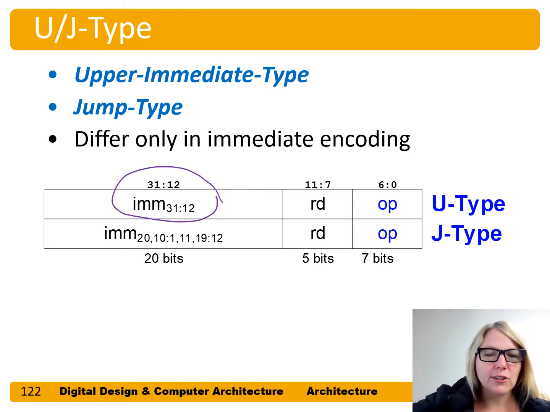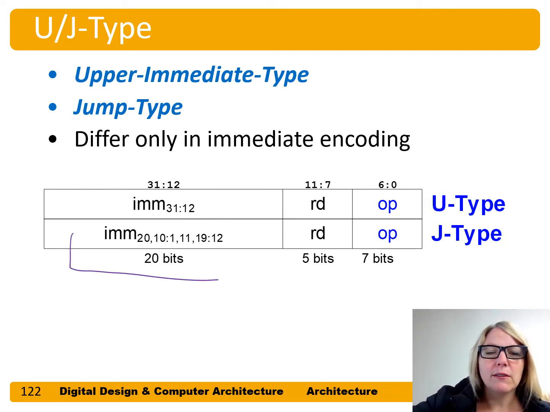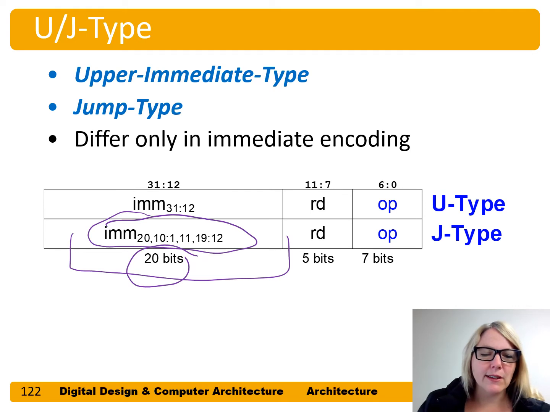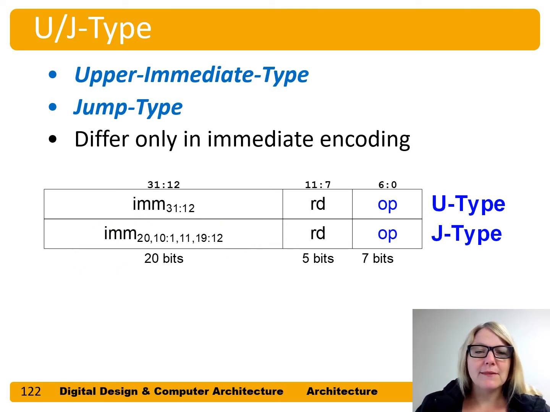And in the J type instruction, we're going to encode a 21-bit immediate in a 20-bit immediate field. So we use 20 bits to encode a 21-bit immediate, and again we do some strange bit swizzling of that 21-bit immediate. And how do we encode a 21-bit immediate in a 20-bit field? Again, we don't encode bit 0 of that immediate.